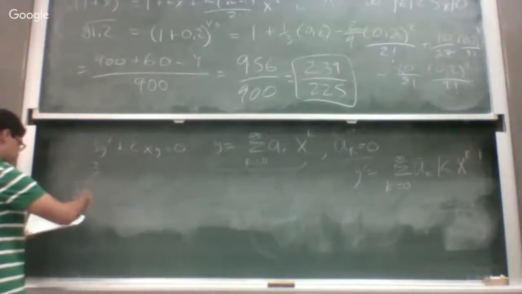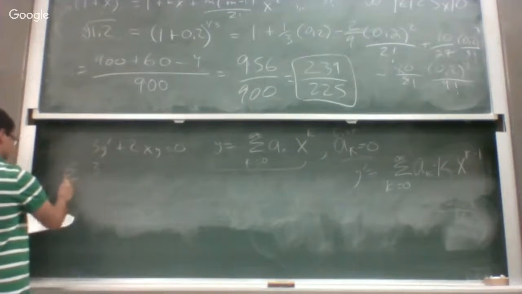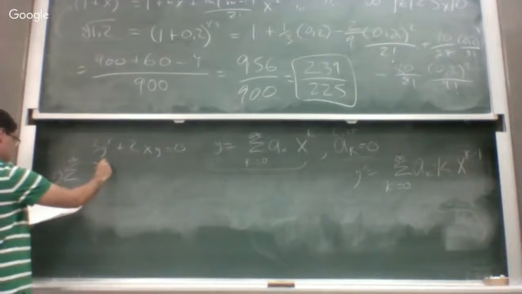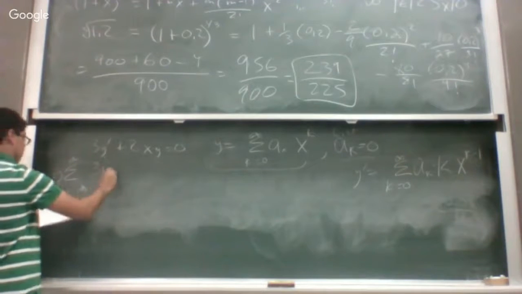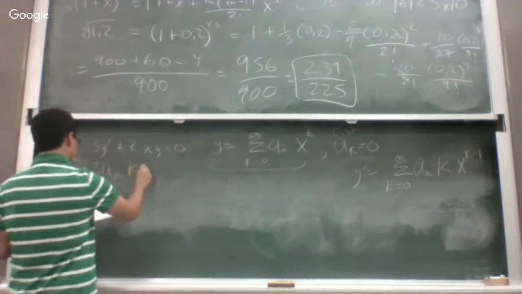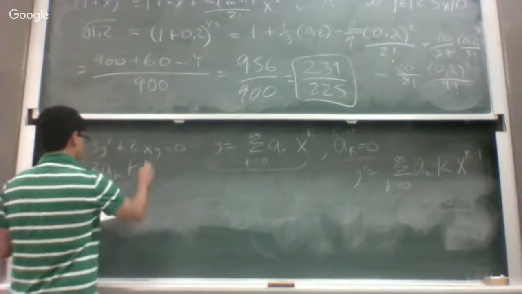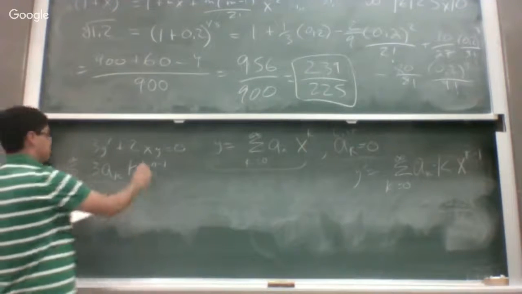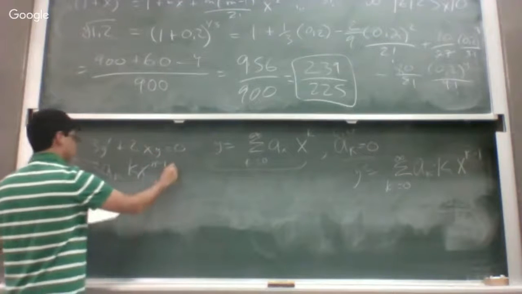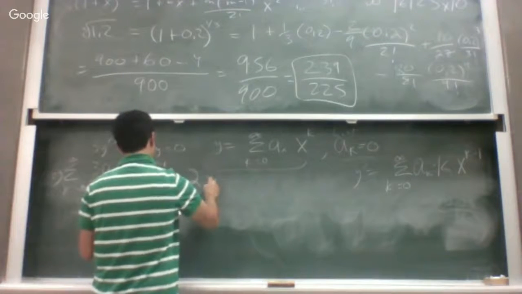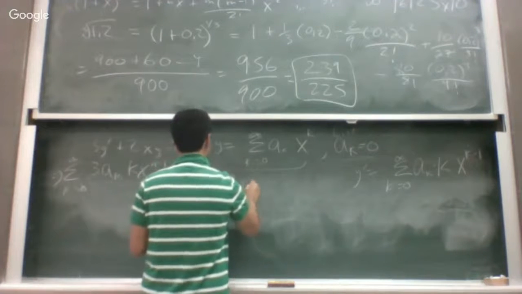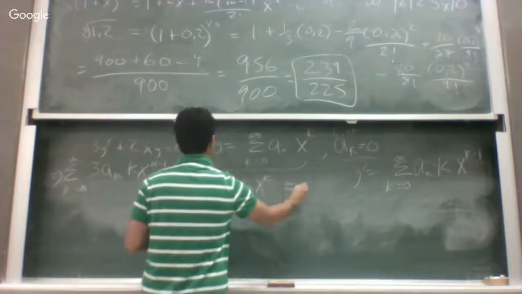So we have 3 times y prime, which is the summation of k equal to 0 going to infinity of 3 times a sub k times x to the k minus 1, plus 2 times x times the summation of k equal to 0 going to infinity of a sub k times x to the k, equal to 0.